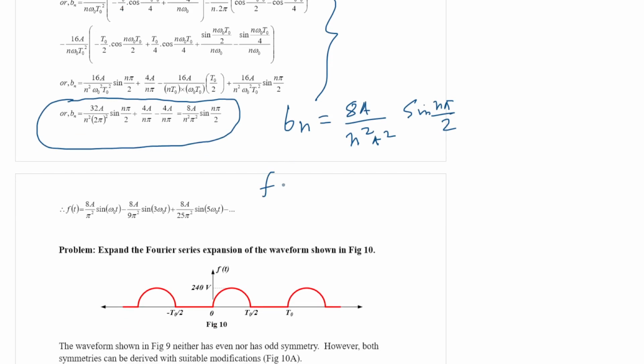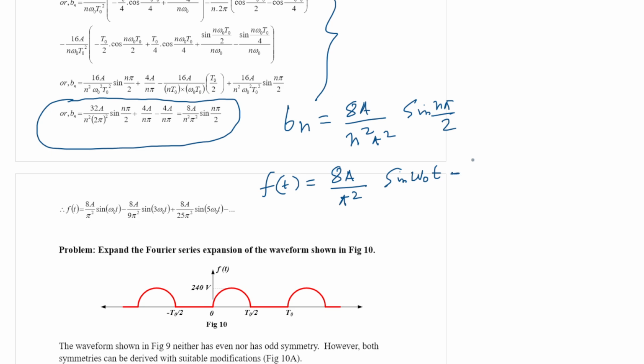If you expand it, then you get f of t, now n is equal to 1, so 8a by pi square, then sin omega naught t, since sin pi by 2 is 1.